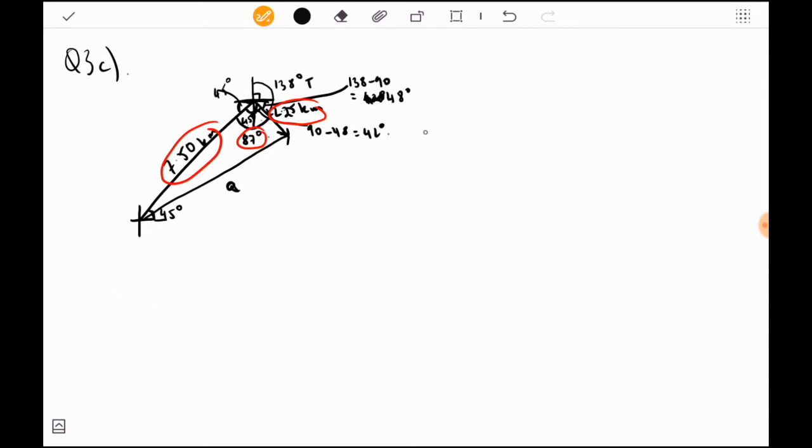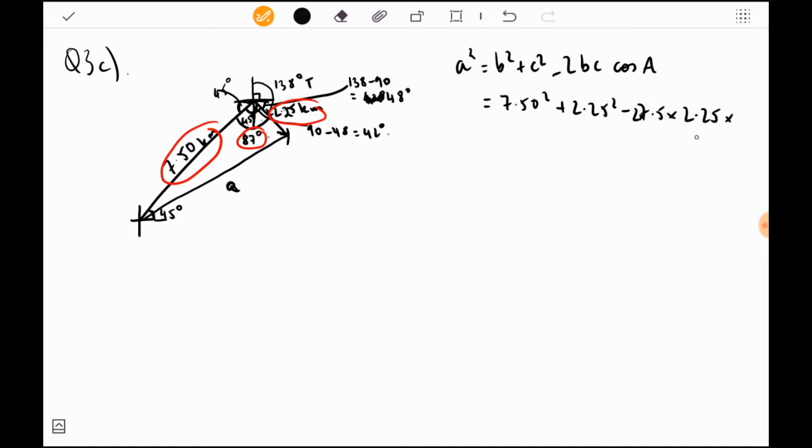So the cosine rule states that a squared is equal to b squared plus c squared minus 2bc times cosine of A. So substituting our values in, we just get 7.5 squared plus 2.25 squared minus 2 times 7.5 times 2.25 times the cosine of 87 degrees.